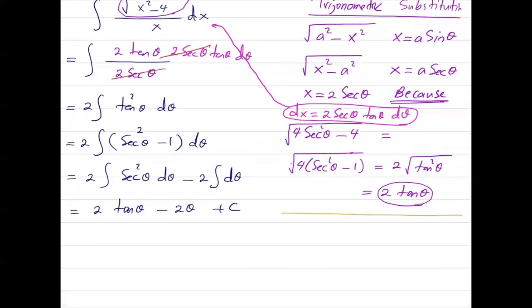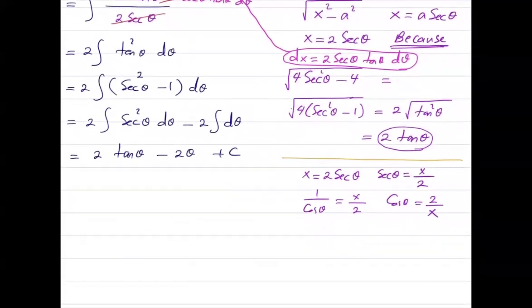Since x is equal to 2 secant theta, secant theta is equal to x divided by 2. But what was the definition of secant? Secant is 1 over cosine theta, which is x over 2. So cosine theta is 2 over x.